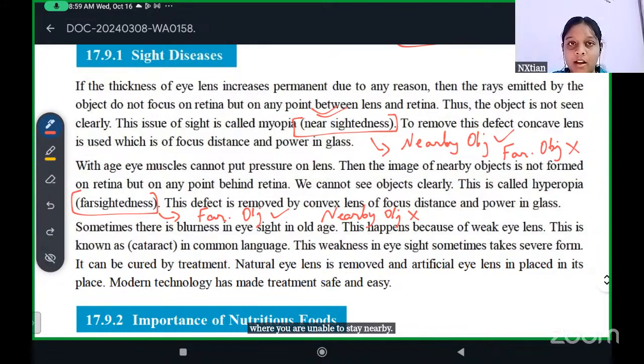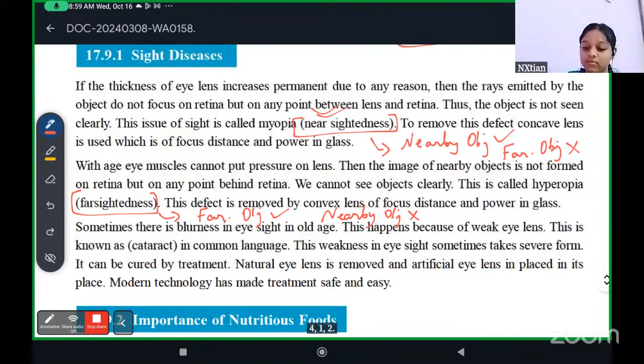Yes, Abraham. Now, what about polarized lenses? Sorry, I didn't hear that. What about what lenses? Polarized lenses.